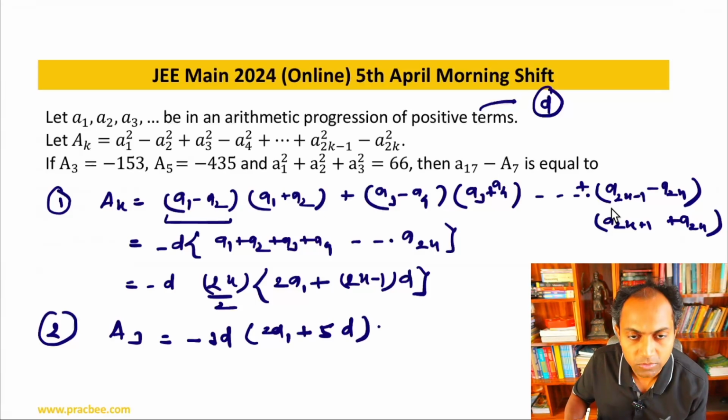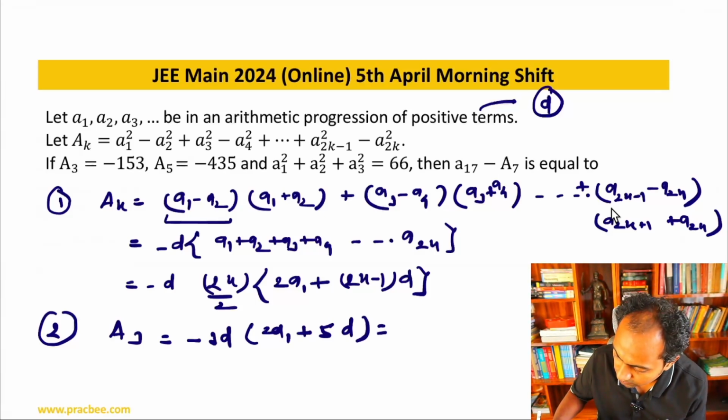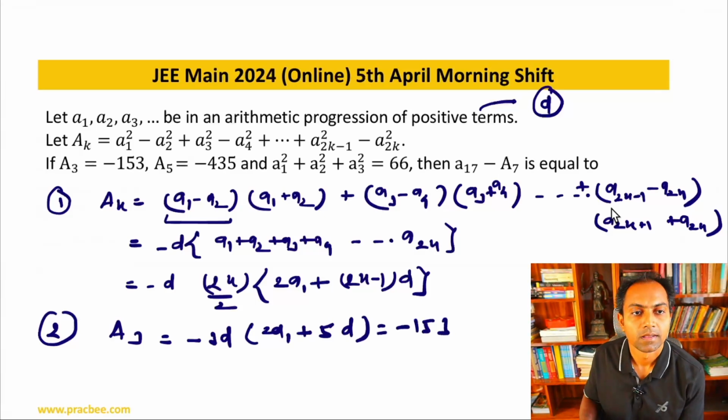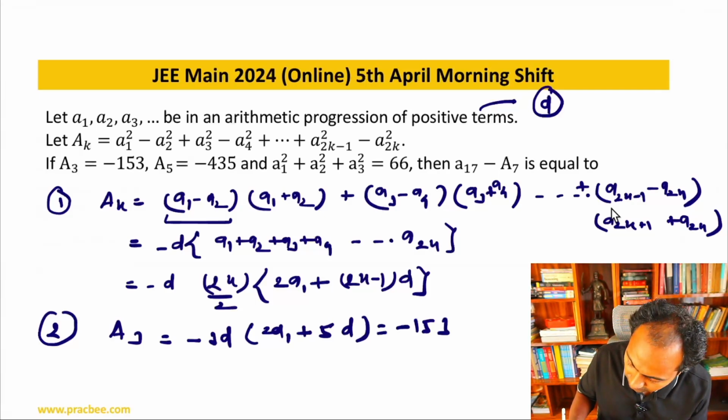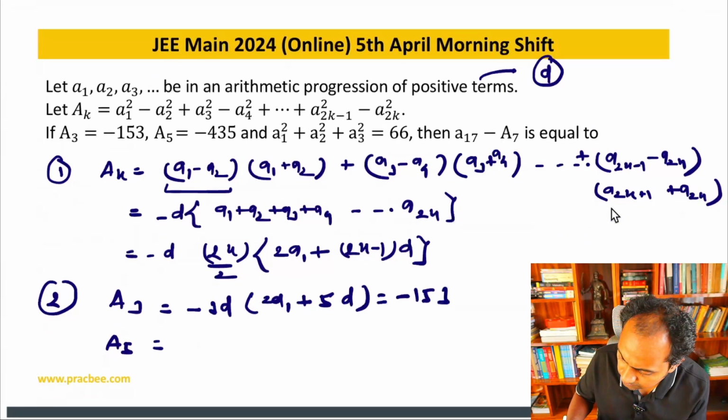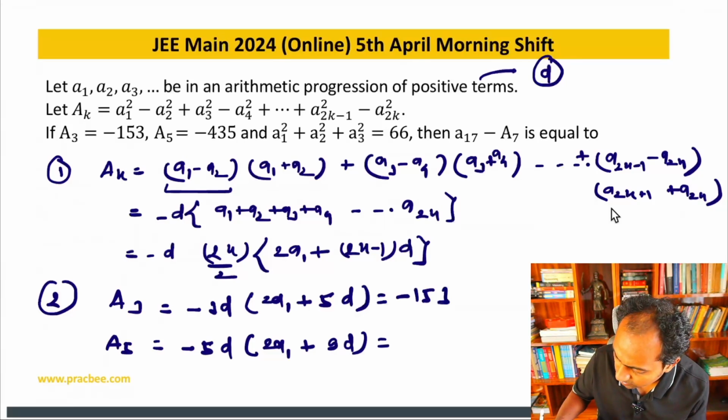Now this value is given to us in the question as minus 153. And for the second part, that is A5, if I put the value as 5, this will become nothing but minus 5d into twice of a1 plus 9d. This is given as minus 435.